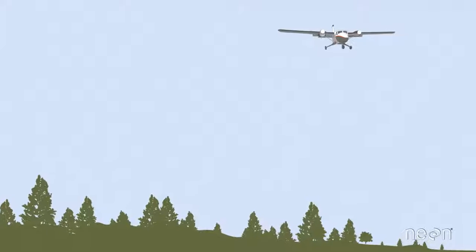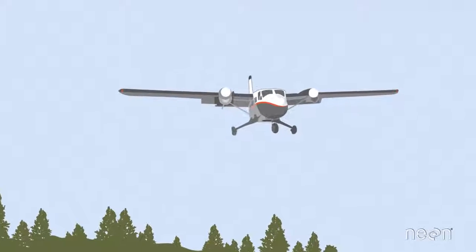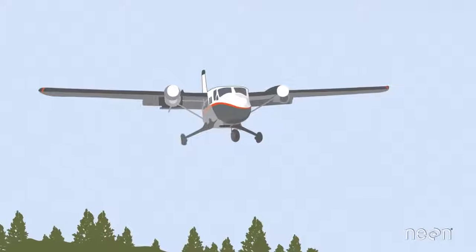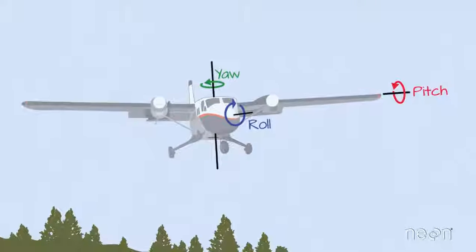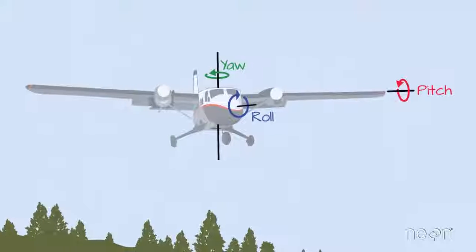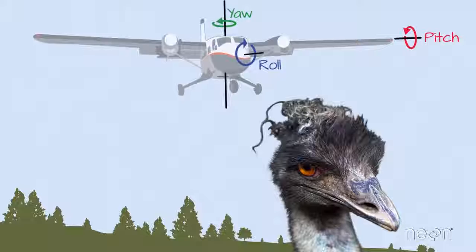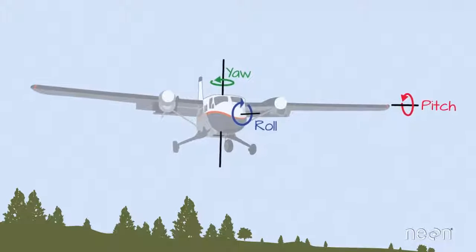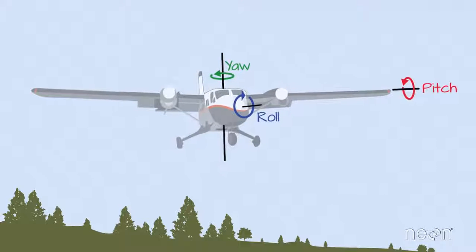So now we've got the basics down, but there are 2 more things that a Lidar system has to consider when calculating height. First, the plane rocks a bit in the sky as it flies due to turbulence in the air. These movements are recorded by the inertial measurement unit, or IMU. No, not EMU, IMU, so that they can be accounted for when height values are calculated for each Lidar return.